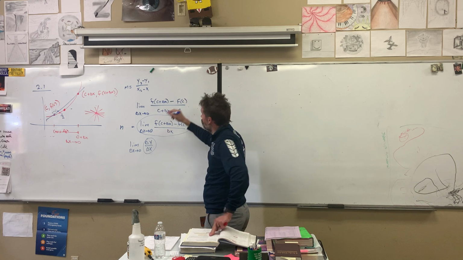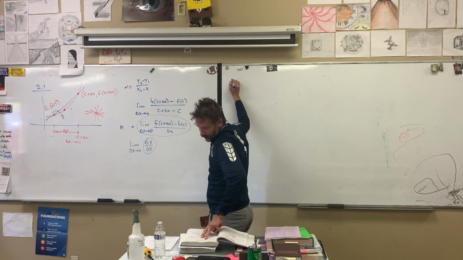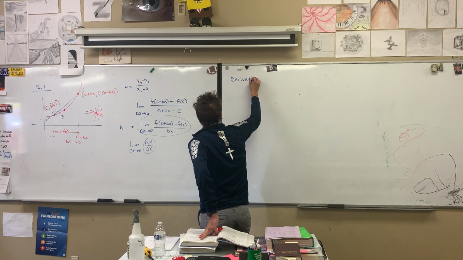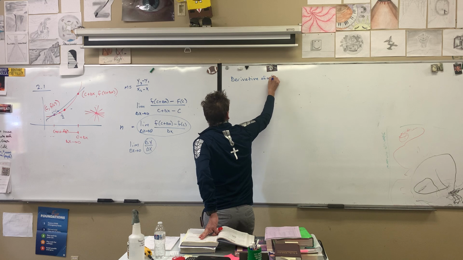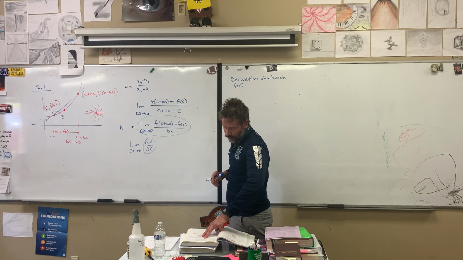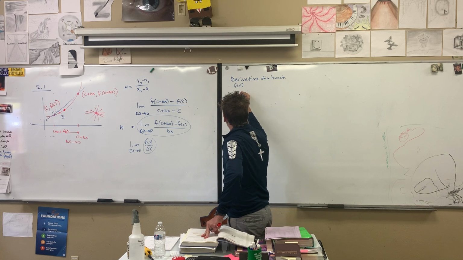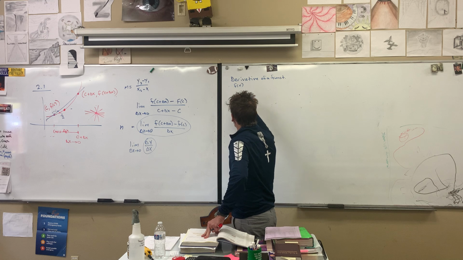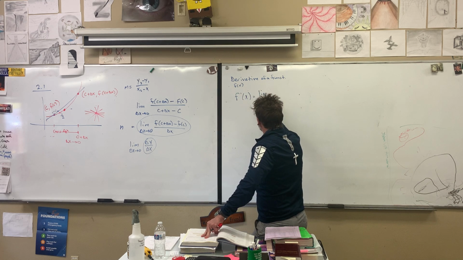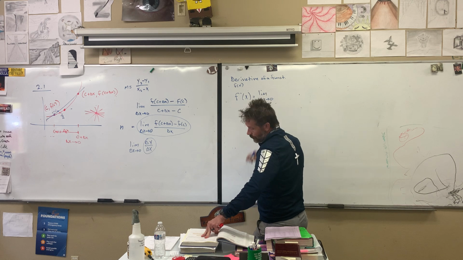Here's your definition, the derivative of a function. So now you have a function, f of x is your function. It says the derivative is, they have this notation, and then they just have the limit as delta x approaches 0, okay?